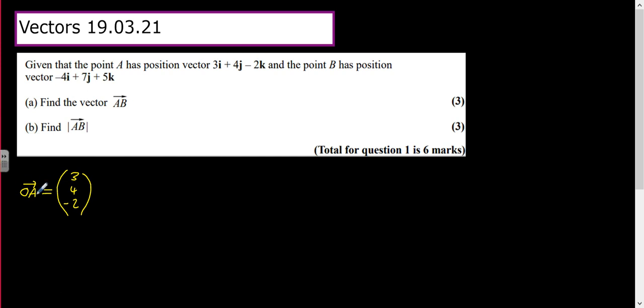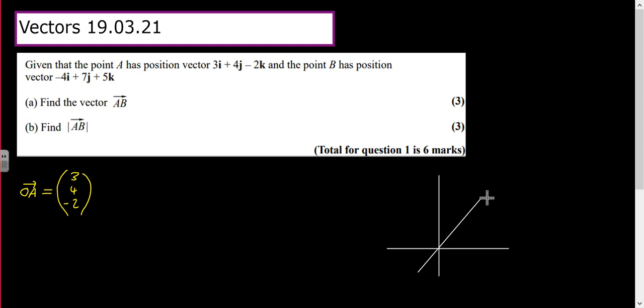Why have I called it OA? Because the point A has a position vector, and position vectors are always to do with some reference point. It can be quite useful to think of your coordinate axes when you're doing this.